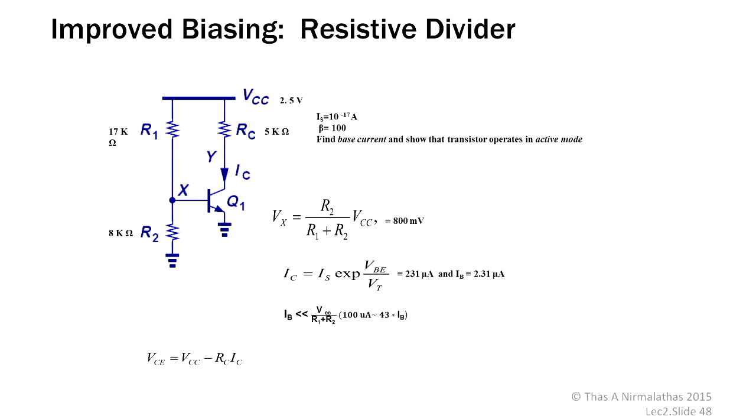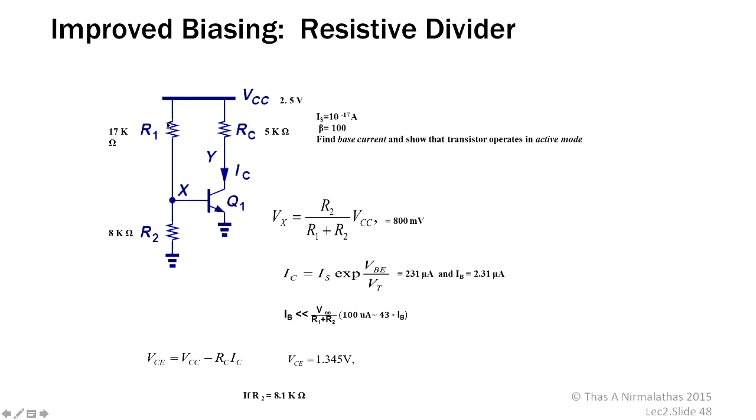So VC, we can find out, is VCC minus ICRC, which is equal to 1.354 volt. The only problem here is that you have got IC with an exponential dependence on VB, which is equal to R2 by R1 plus R2 into VCC.